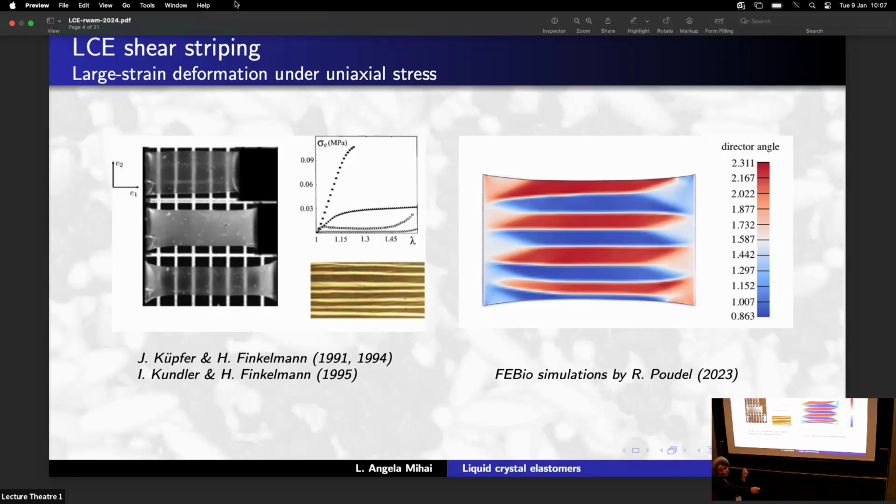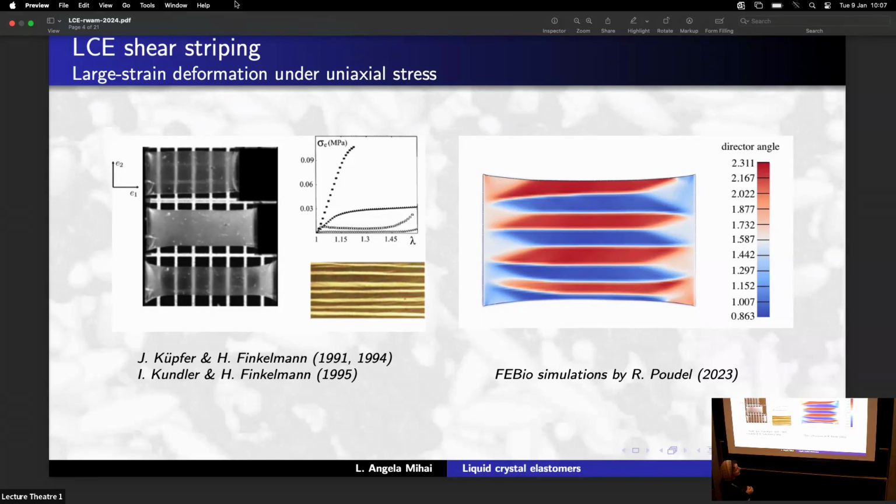Then the sample is extended perpendicular to the director. And you see that the sample becomes opaque. So what happens there, it appears to be a loss of alignment at some stage. And then if you continue stretching the material, again, it becomes transparent, indicating that there is again alignment.